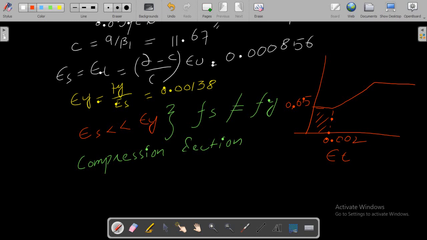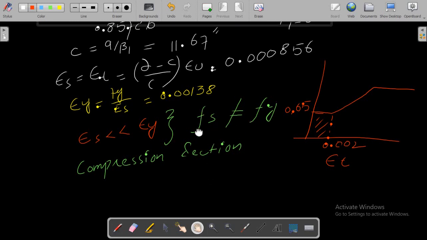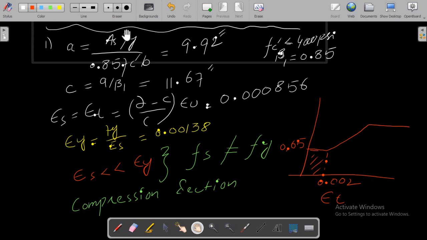Now we have to find out the value of a again. Because our assumption is wrong, and we determined the value of a on the basis of this assumption, using the yielding stress of the steel, the value of a is wrong. This value will no more work, and c is wrong too.